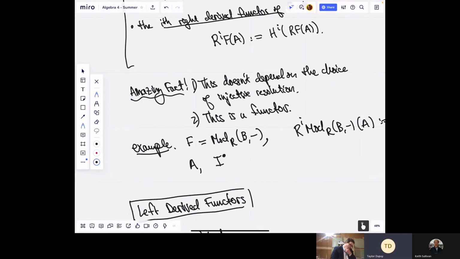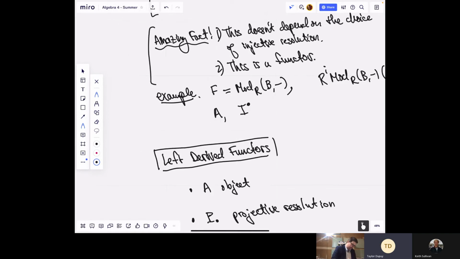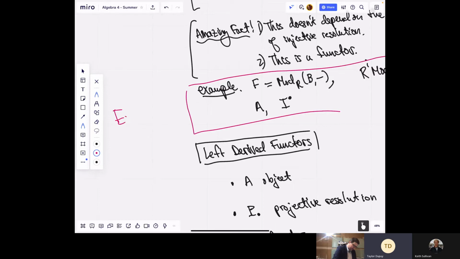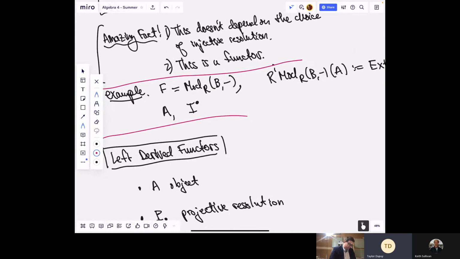Okay, so let's do Tor now. The main example here was Ext, and this is a really big example. So these are the Ext groups. This is super important. These Ext are the right derived functor here.